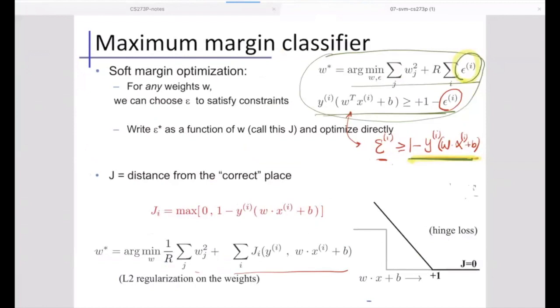we know how to solve this problem, because I can simply apply gradient descent on this objective function. However, there's one nuance to think about, because the hinge loss function has a gradient with two parts. This part is -1, and this part is 0.